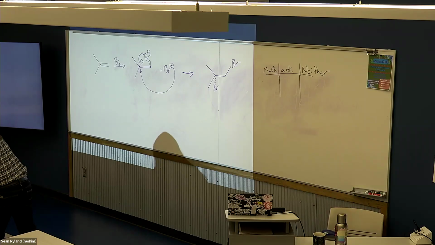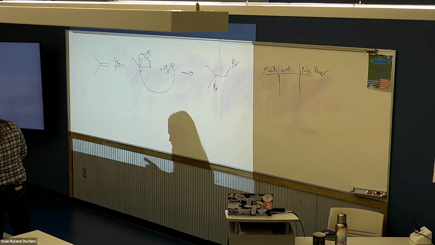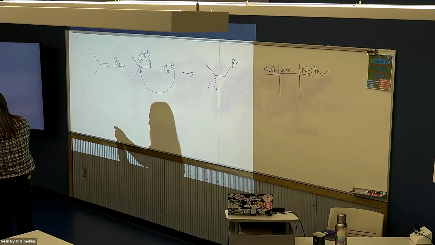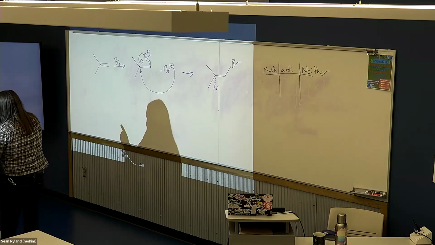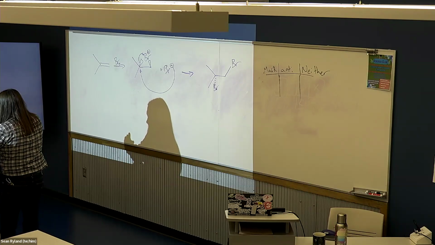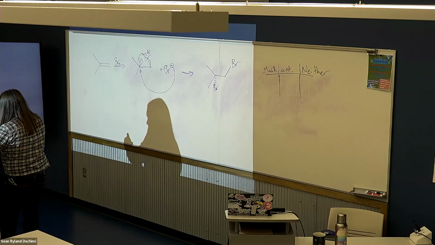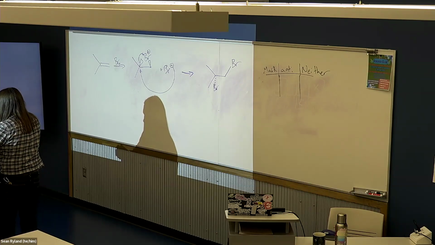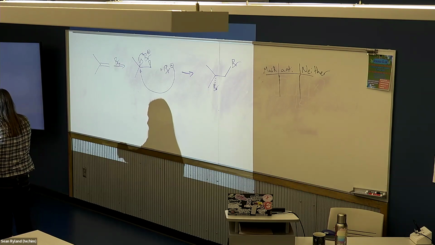So let me give it its own electrons. We've got this shape. This comes in on the more substituted side. One of them breaks. The bromine, actually, you know what?